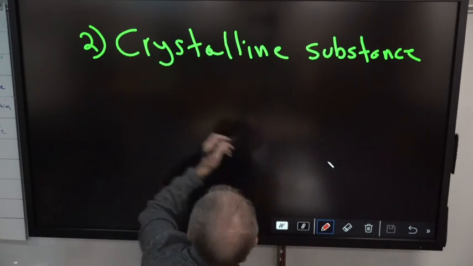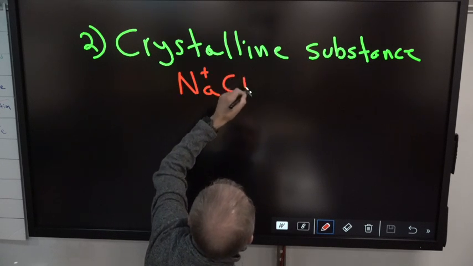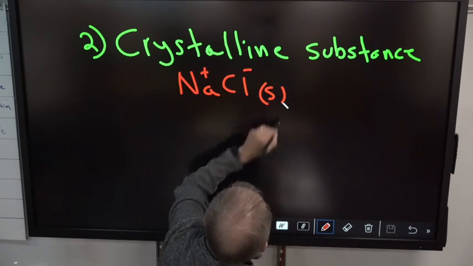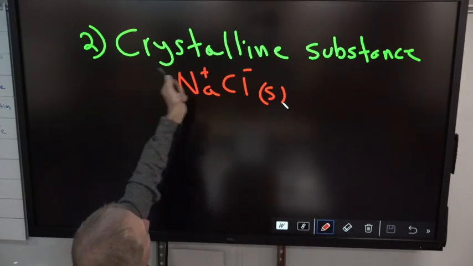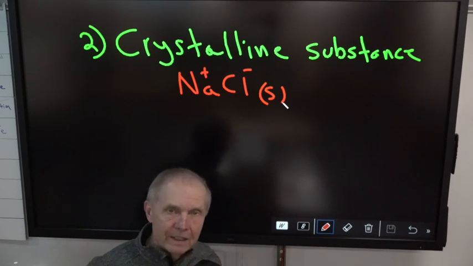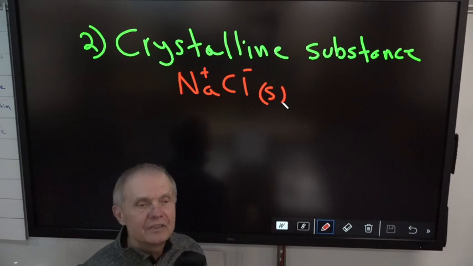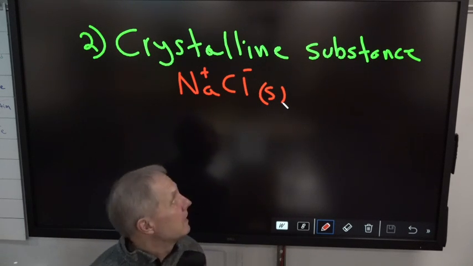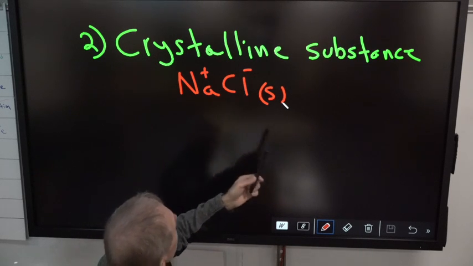Example, Na plus Cl minus, solid. So every single ionic compound is a crystalline solid. Every single one. They're not liquids, they're not gases. They're all crystalline solids, and the easiest way to think about an ionic compound is a salt. So, crystalline solid, NaCl(s).